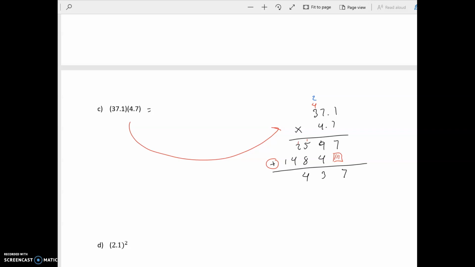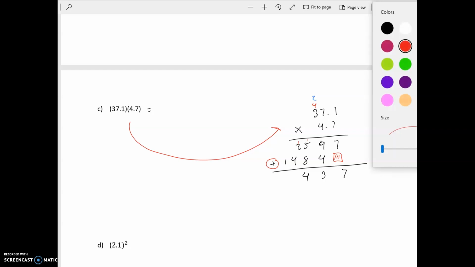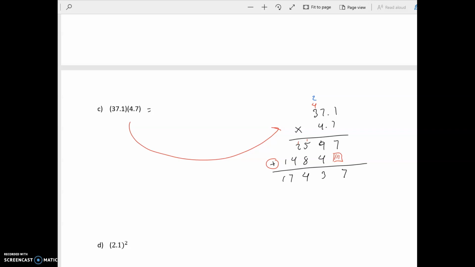We're looking at the next value being a 7, and then a 1. So we're looking at 1, 7 as the last values. Now your final answer, since the two numbers that we're multiplying contain one decimal each, you're going to have a final answer with a single decimal. So our final answer, we end up with 174.37.